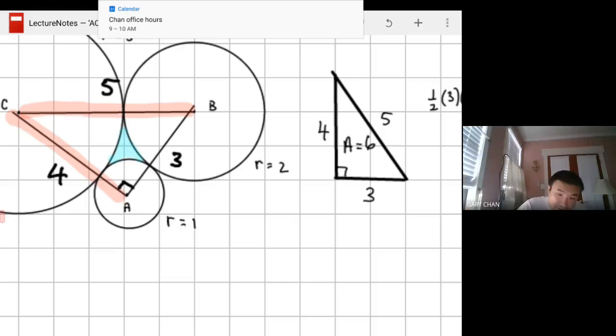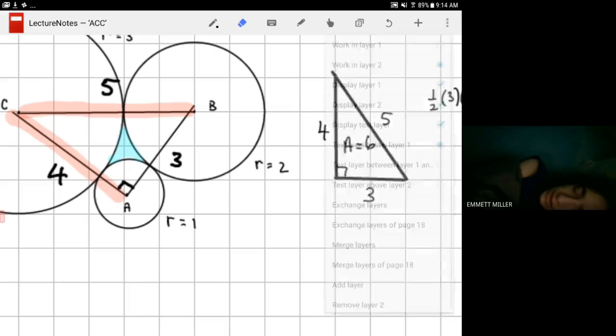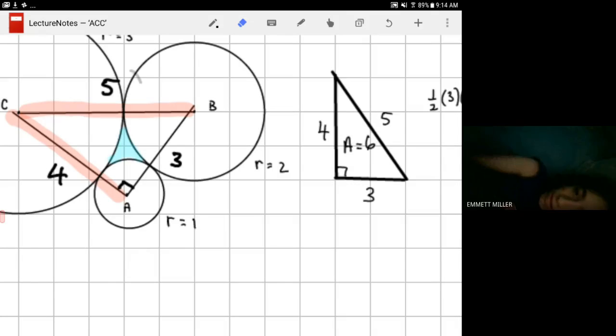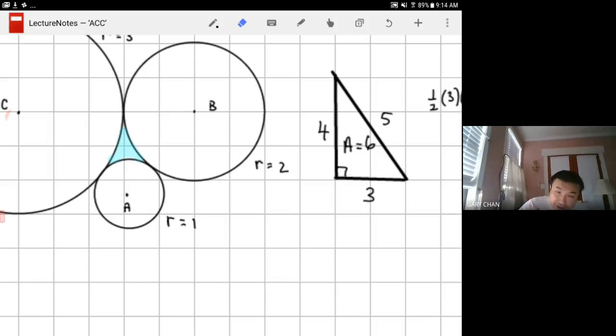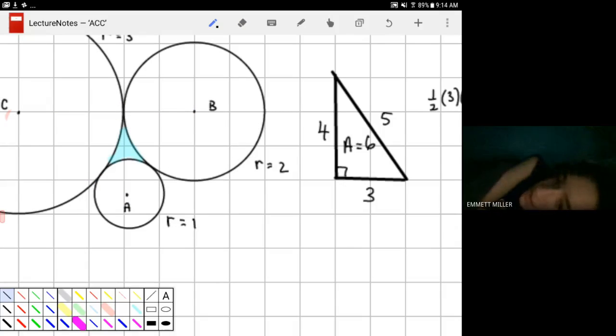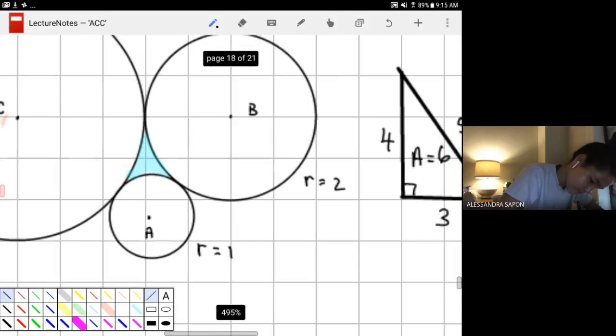But how are we going to find the area of the sector? Well, we need to find each angle of the triangle. I do agree with that. Do you guys agree with that? Yeah, I agree. Okay.